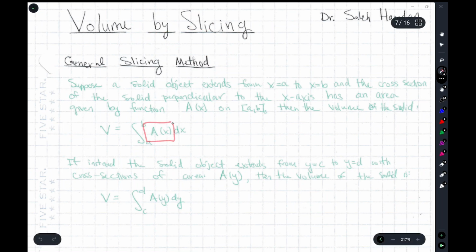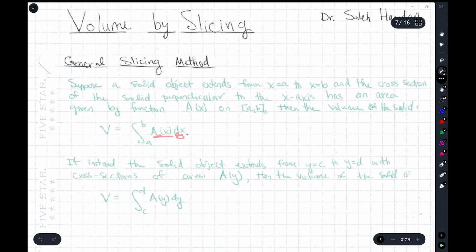You generally have a cross-sectional area at the point x that's easy to figure out. Usually you could get a formula for it. Usually it's a circle or a rectangle, something where the cross-sectional area is really easy to compute. If you multiply that by the thickness dx of that slice, you get a volume.